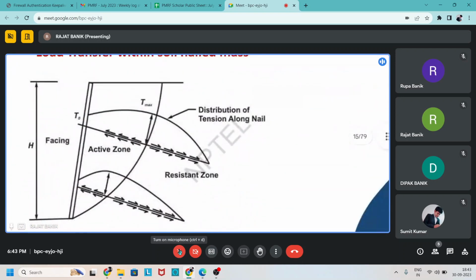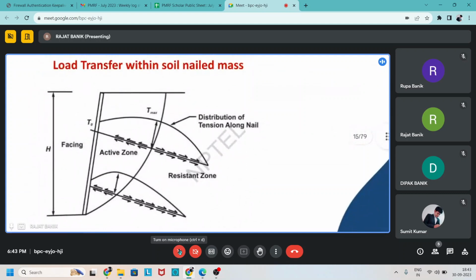Now in a very precise way, we can also discuss this load transfer. Above, or near the ground, the required axial force is more than below, near the toe.